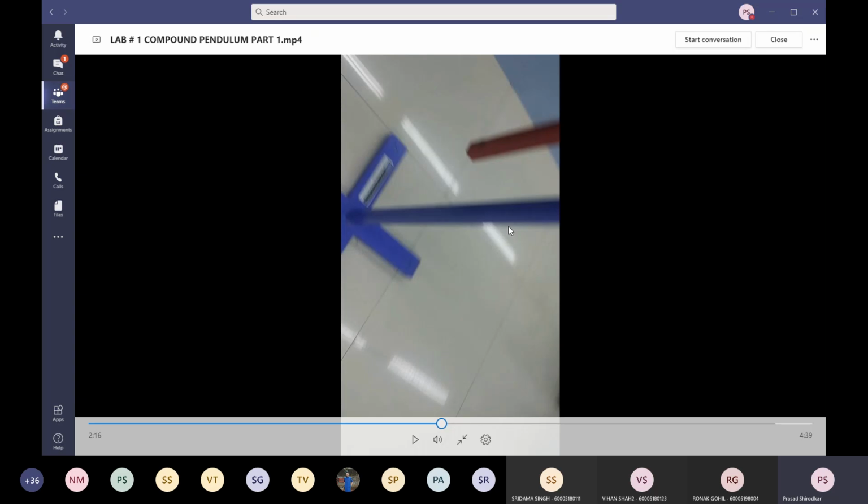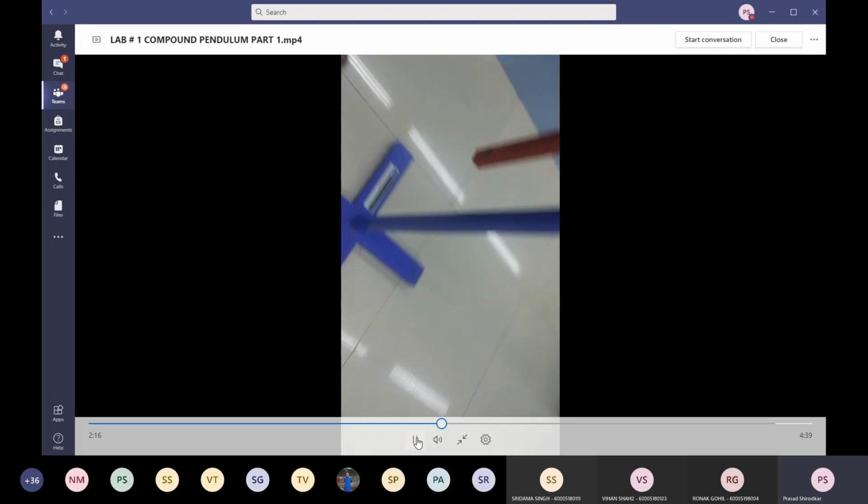Now after that, we are going to give some oscillations to this arrangement, and we are going to measure the time for 10 oscillations. This part of the experiment you have to do at your end by accessing your video. So don't worry about it now. Just try to understand what is to be done at this moment.